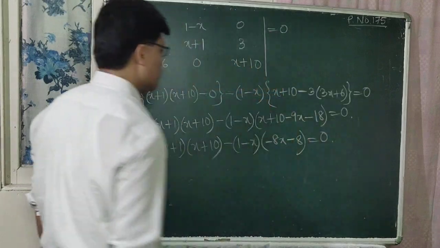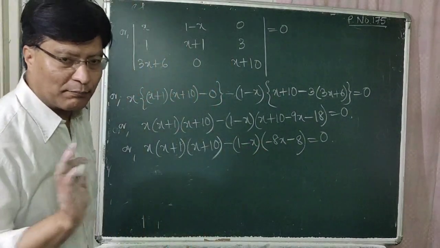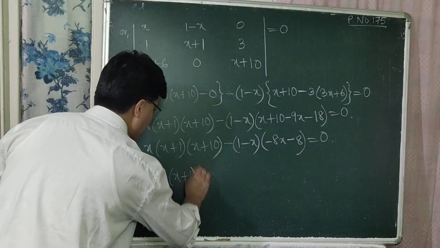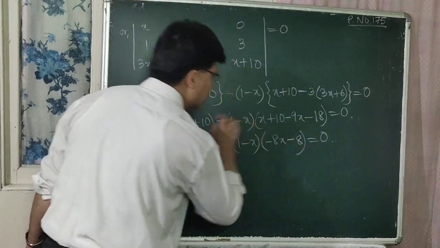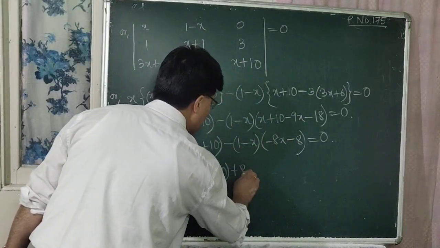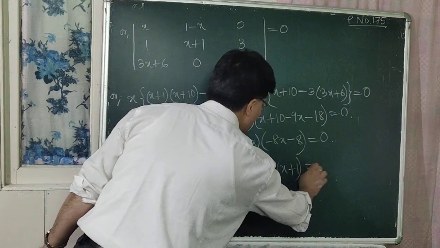Which is equal to 0. Again, you can take common here. What is common there? Minus 8. Or x into x plus 1 into x plus 10, right? So minus 8 is taken common here. Minus 8 is taken common, minus into minus plus 8, 1 minus x into x plus 1, which is equal to 0.